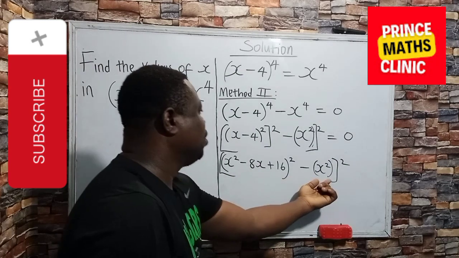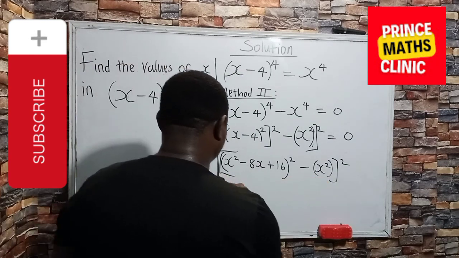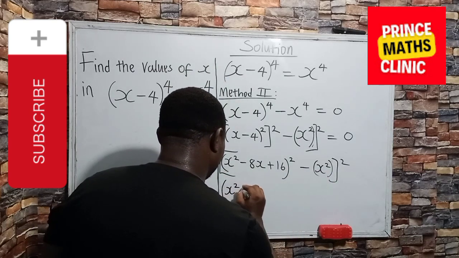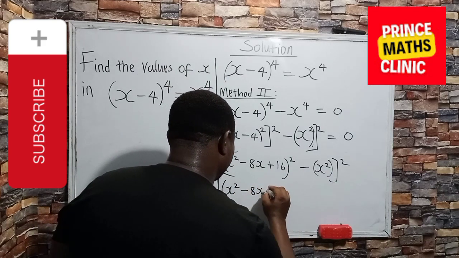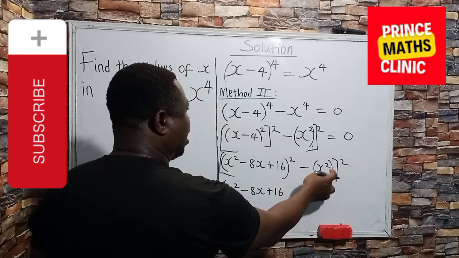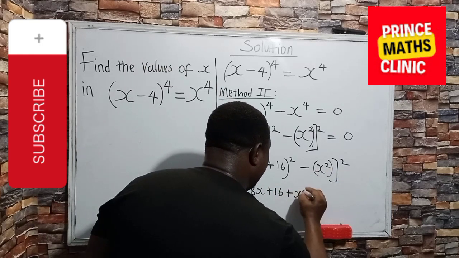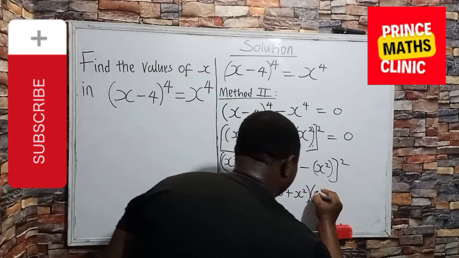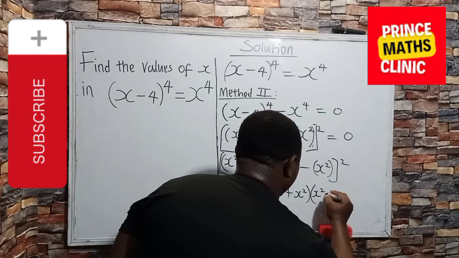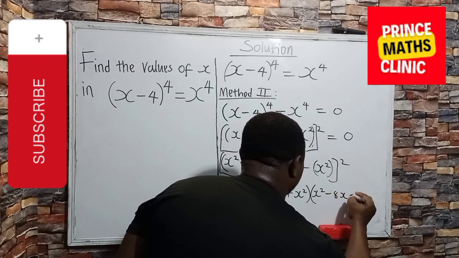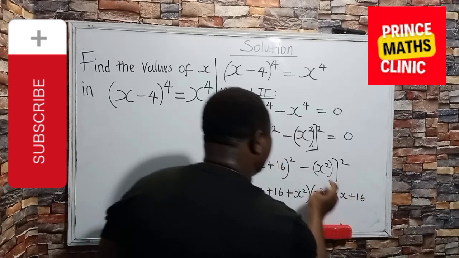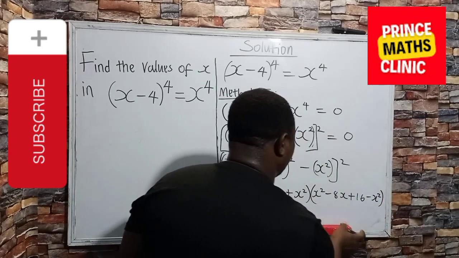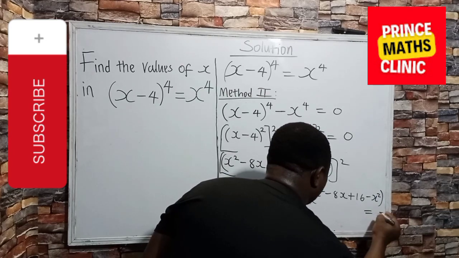This is your A, this is your B. So this will now become A plus B: x squared minus 8x plus 16 plus x squared, then another bracket x squared minus 8x plus 16 minus x squared, all equal to 0.